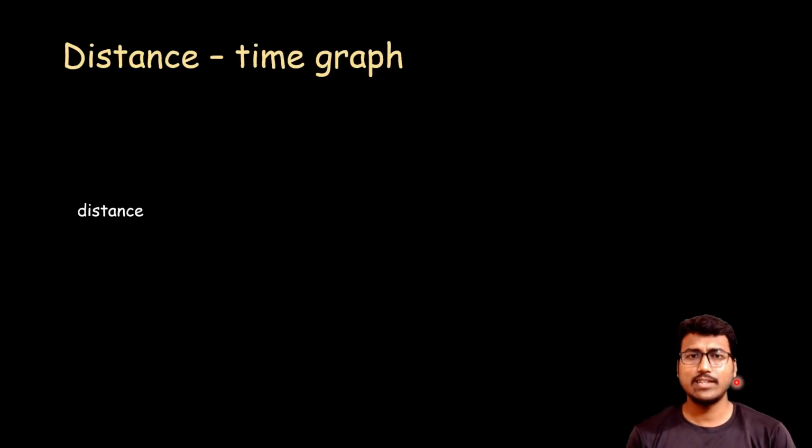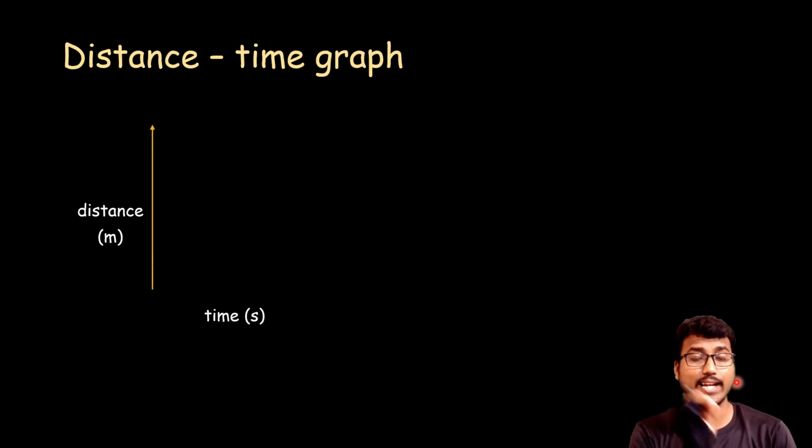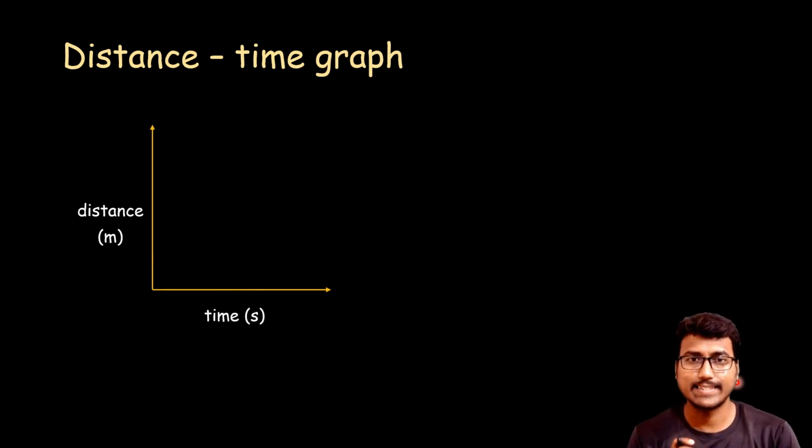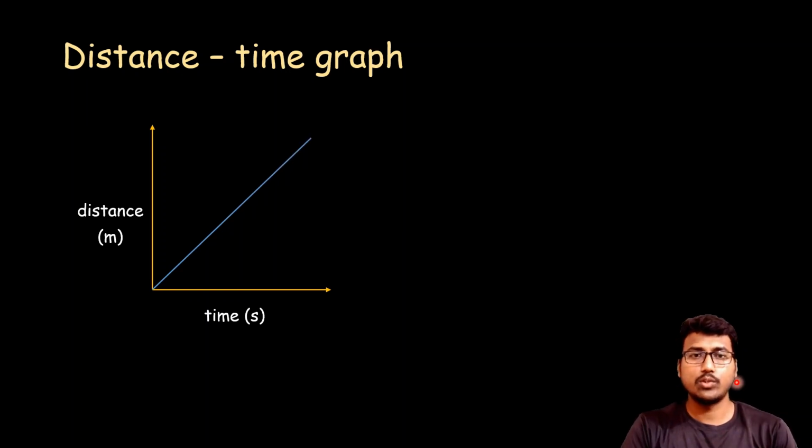Distance time graph. In the first graph, we will represent distance along the y-axis and time along the x-axis. Consider a motion happening from the origin, covering some distances in particular time intervals. Let's understand one by one. First, some distance is covered in some time.